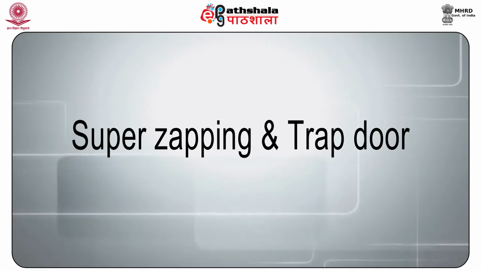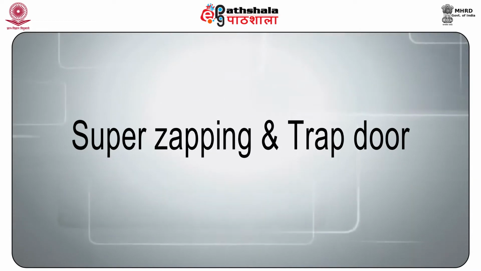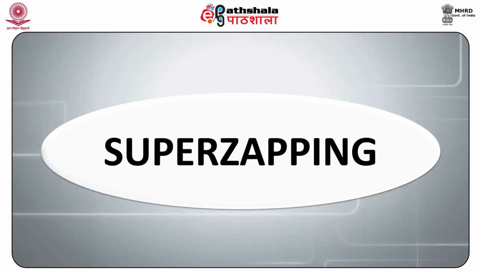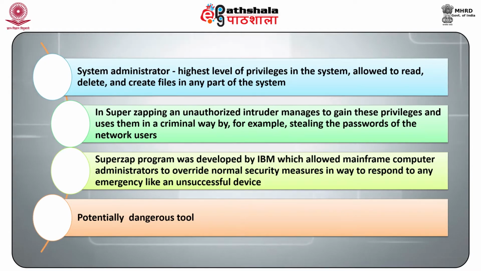Super zapping and trapdoors. Super zapping. Virtually every network has a member of staff known as a system administrator who has the highest level of privileges in the system. For example, he or she is allowed to read, delete, and create files in any part of the system.